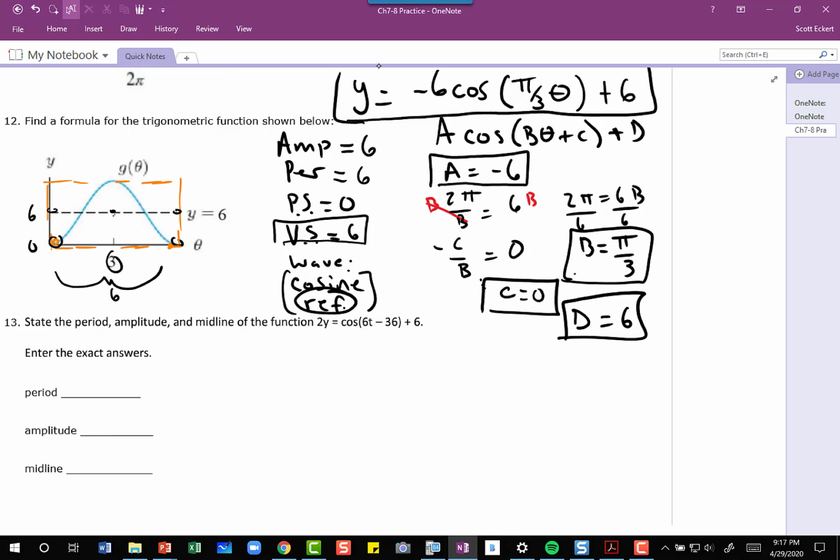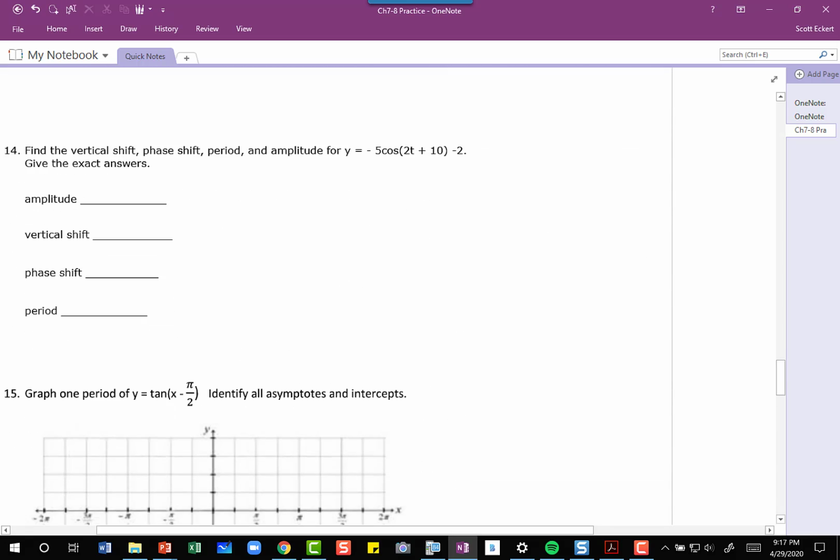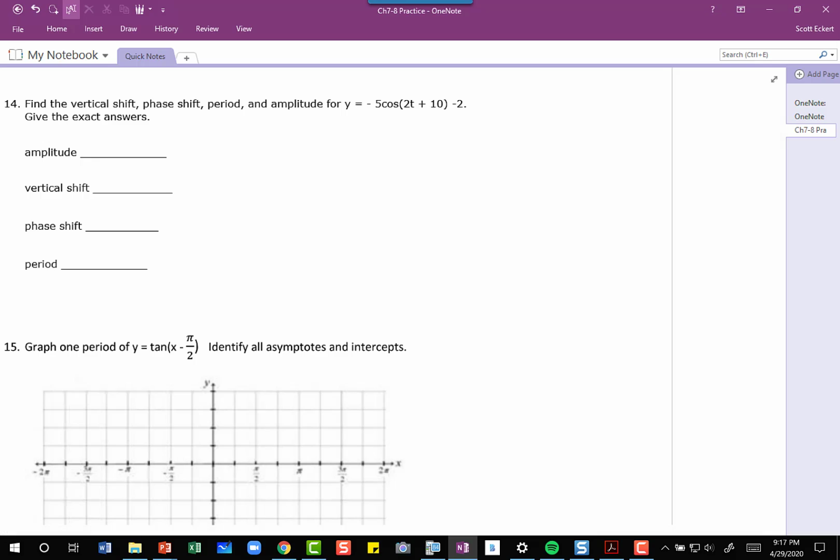Okay, let's go down here to number 14. So on 14, we're having an equation, and we're going to pull out the information of the equation so we could graph it, if we had to graph it. But it's not really asking for all the graphical details, just the parameters that make the window.